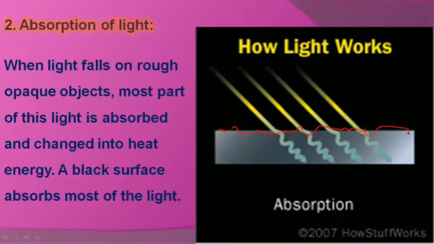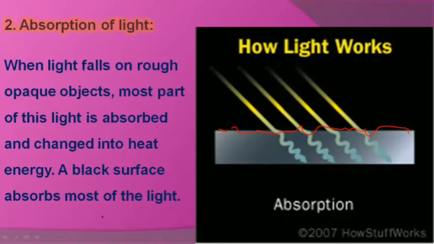So the light does not transmit on the other side, nor does it reflect, so it absorbs here. When it absorbs, it means the light energy is going inside, so it changes into heat energy.